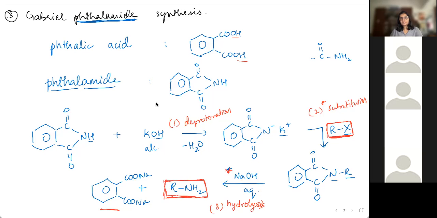So considering this process, because you're using a phthalimide, it's not relying on the primary amine. This is used to produce primary amines mainly. For primary amines.